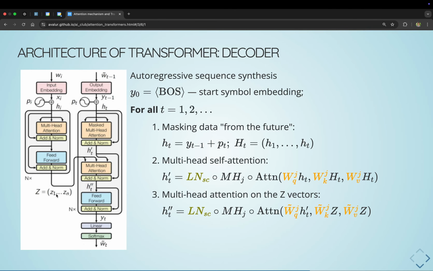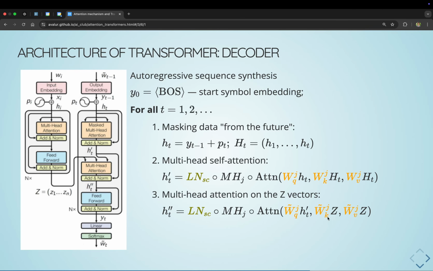You see the vectors here, this is the final result of all the encoder steps, vector Z. This is the same as the context vectors C1, C2, and Cn, so these are vectors Z. Using them, we share information on how to predict the next token in the decoder based on the tokens in the encoder.